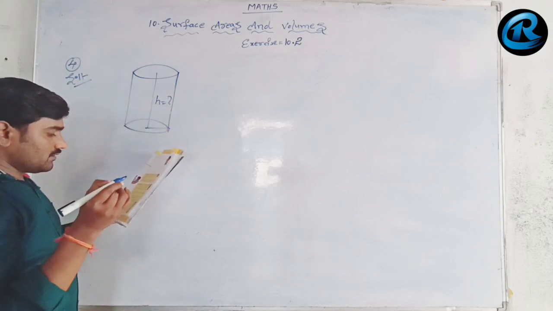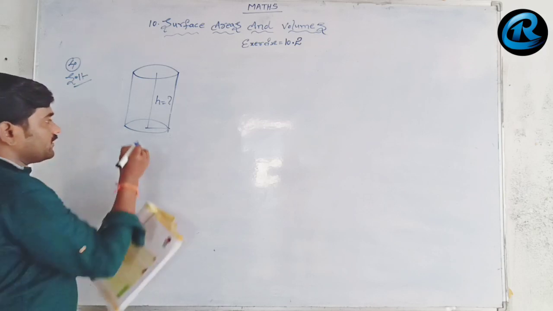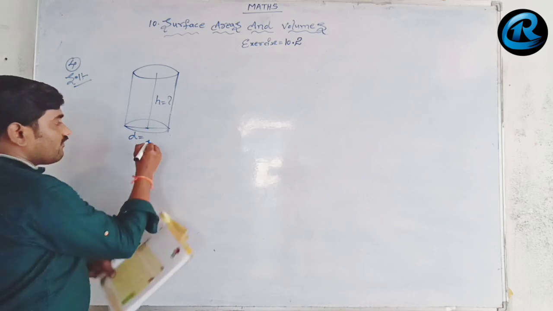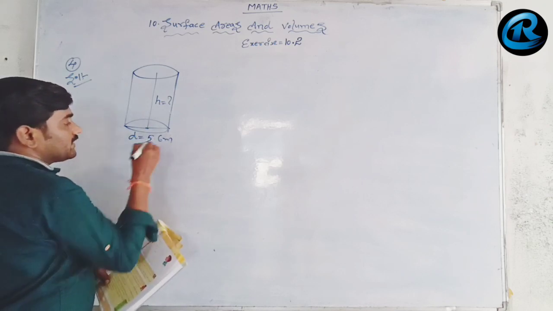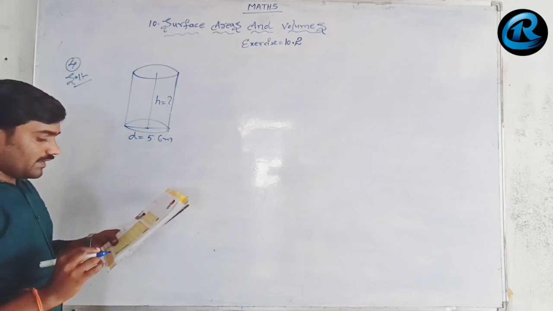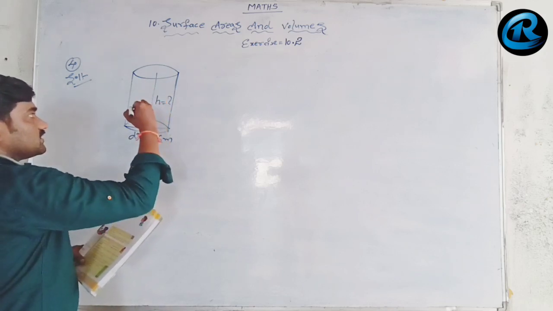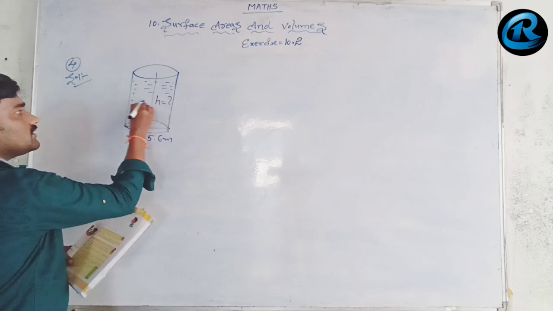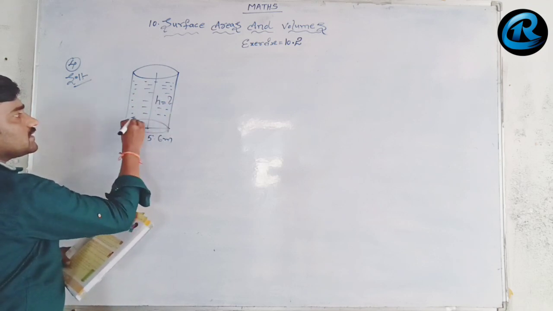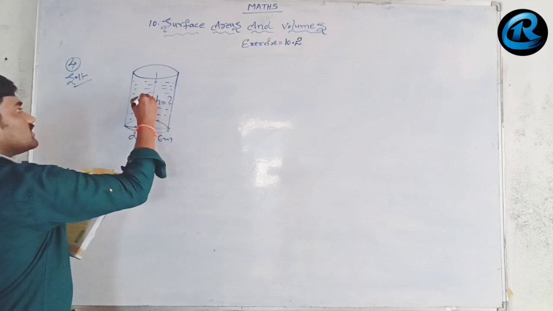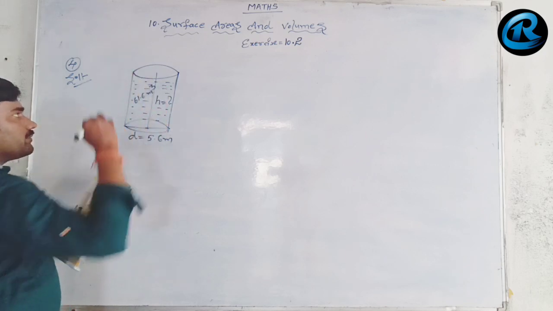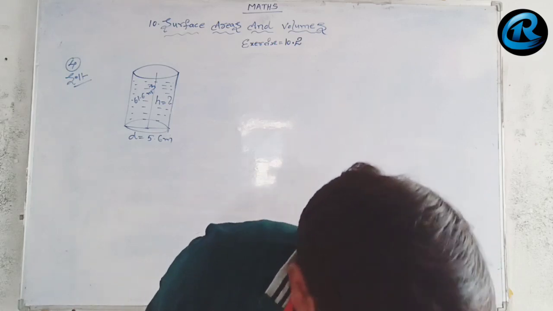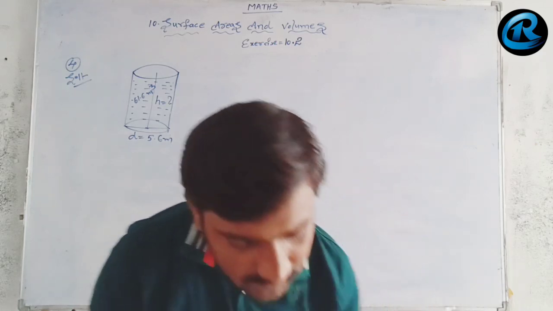It has a diameter d equal to 5.6 meters, and the total capacity, this completely has water, so this capacity is 61.6 meter cube. Now we need to find out the height of this tank.